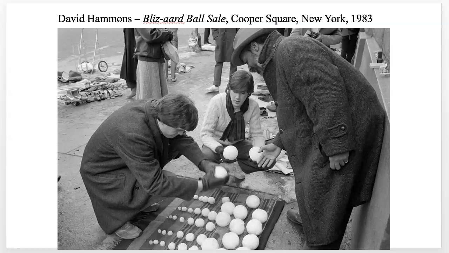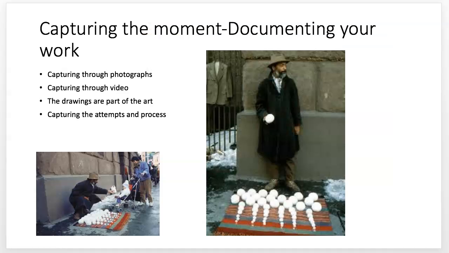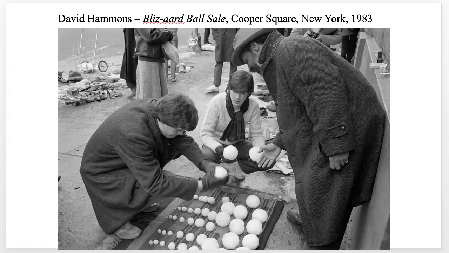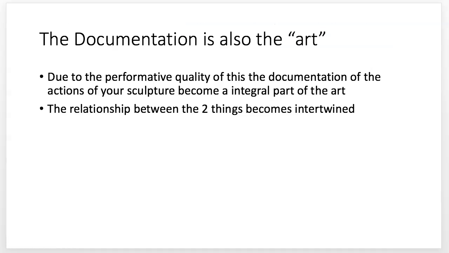The work was what he was doing in 1983, but it also was the imagery. This became part of the work because this is how he communicates about what he did, and people collected the photographs, right? So the documentation is also the art.